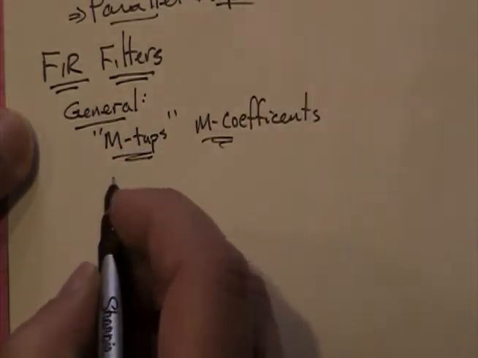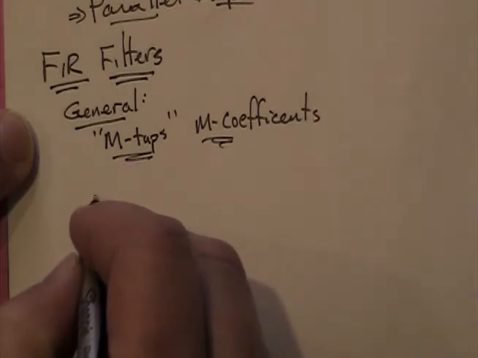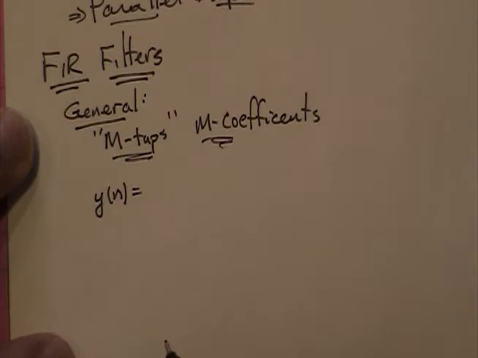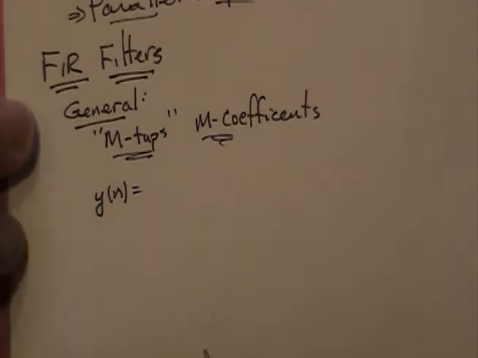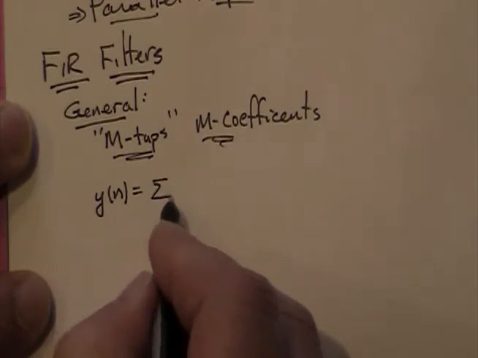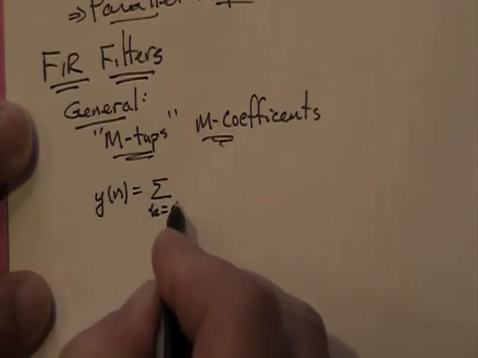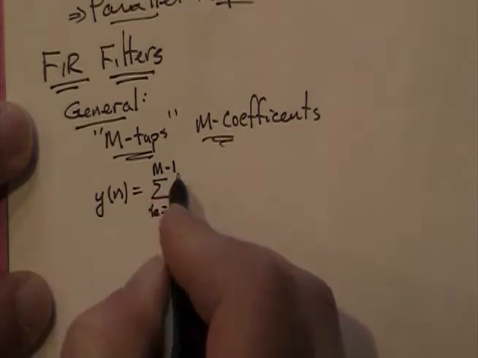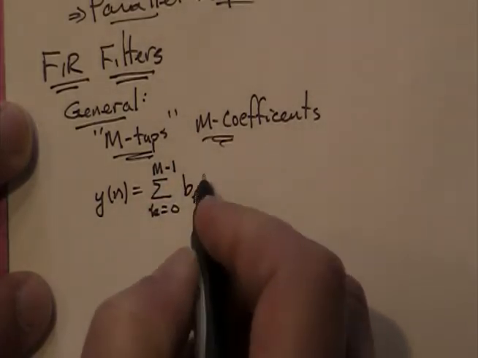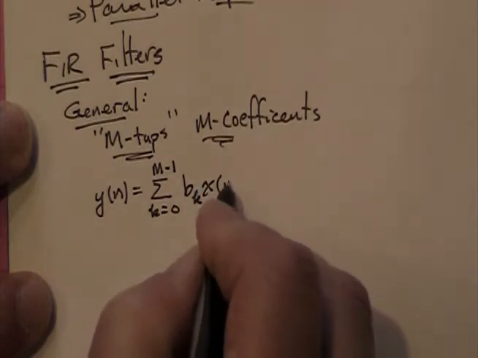For an M-tap filter, our difference equation, y of n, is just written in terms of the input sample values, the x of n values. I have a summation, k equals 0 to M minus 1 for my upper limit, of b sub k times x of n minus k.